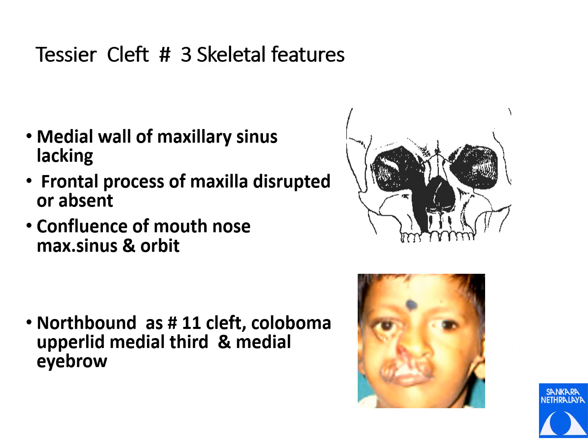The medial wall of maxillary sinus is lacking. Frontal process of maxilla disrupted or absent. Confluence of mouth, nose, maxillary sinus and orbit. Northbound as the 11 cleft: coloboma of upper lid, medial third and medial eyebrow.